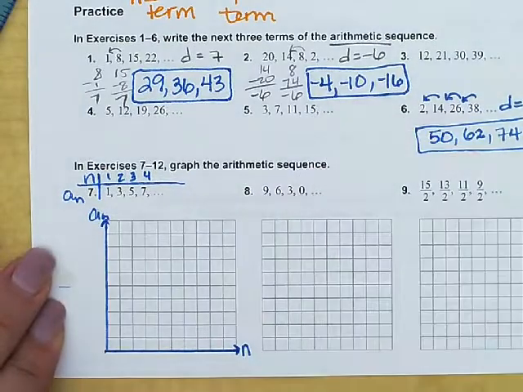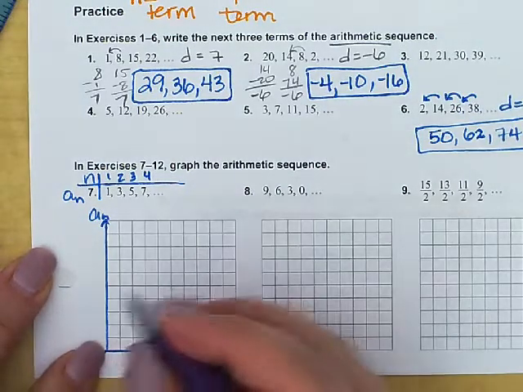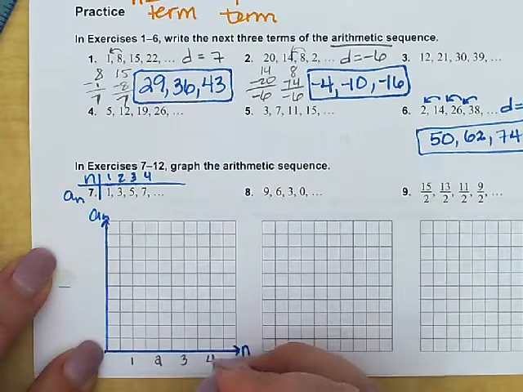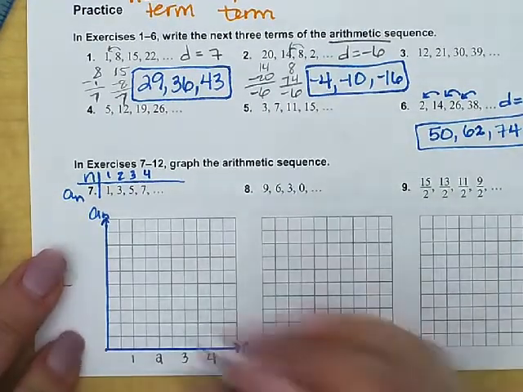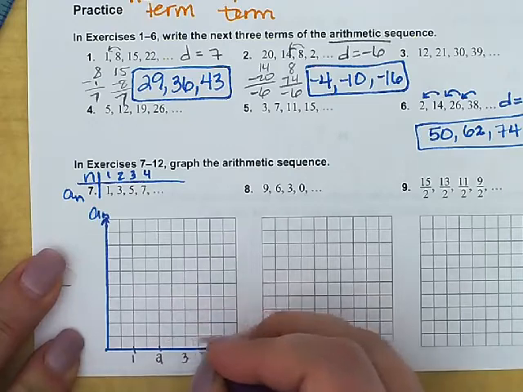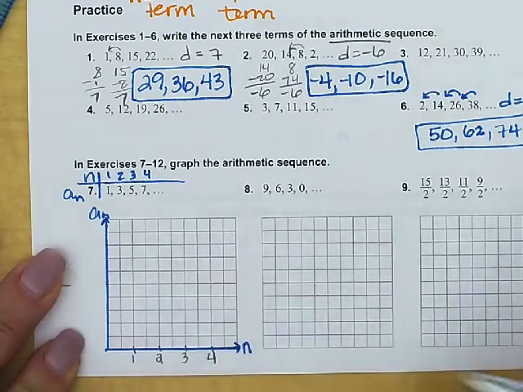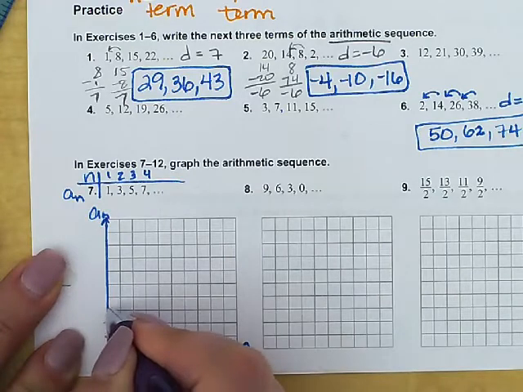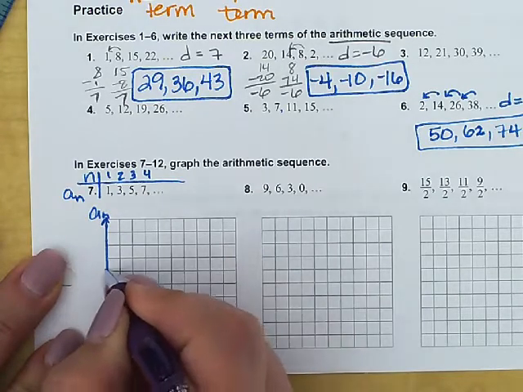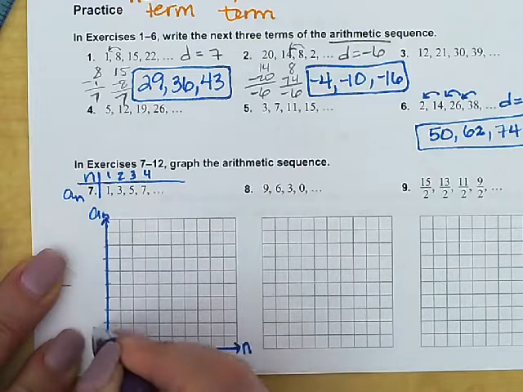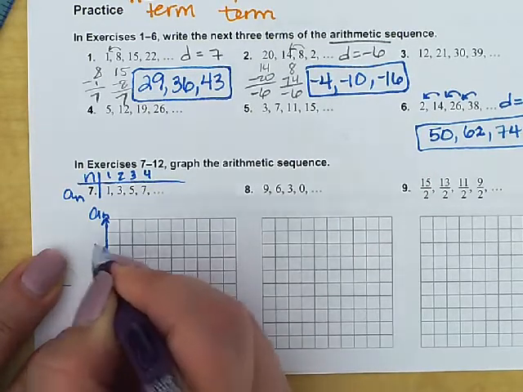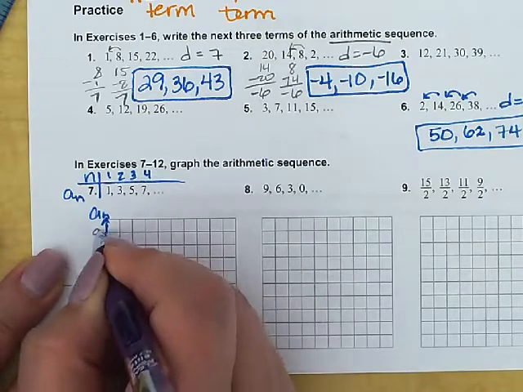Maybe I'll just go 1, 2, 3, 4 right there, since I only have to graph 4 terms. But I am going up to 7, so here I'll go by ones. 1, 2, 3, 4, and then 7, 8, and maybe 9 right there.